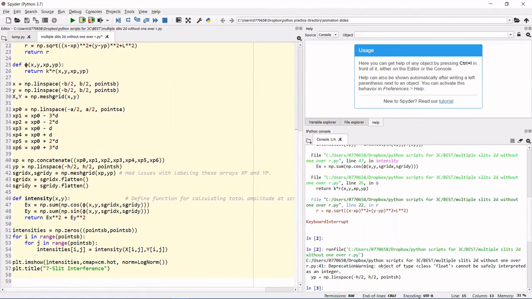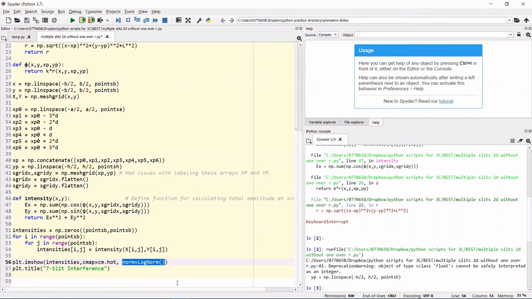And by the way, if we look down here at this command, I'm telling the computer to assign a color to each point on the screen that's determined by the value of the intensity there. And this command here about log norm, that's to better approximate the way the eye perceives intensity.